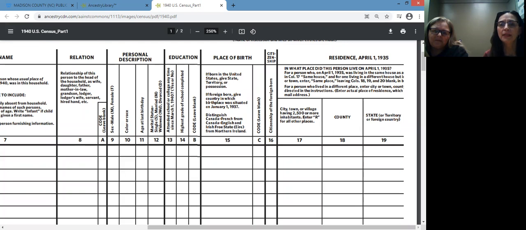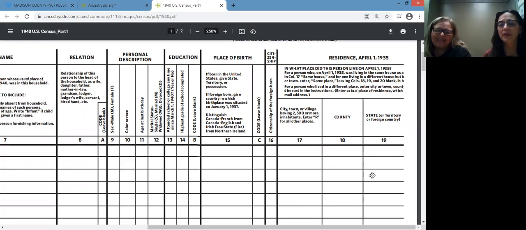The next thing I believe is their residence. Oh, sorry. Where did this person live as of April the 1st, 1935? So that's 5 years before the census was taken, to see who was moving around, I guess.